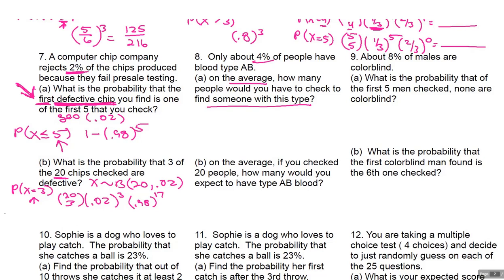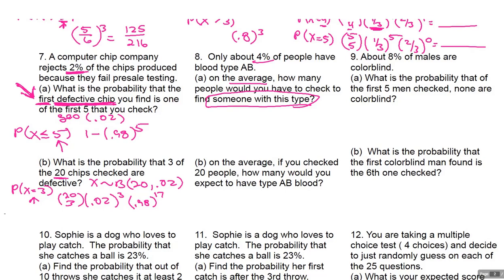Is this like an infinite amount? No. Because when am I going to stop? It says, how many people would I have to check to find someone with this type? So I'm checking. Are you this type? No. Keep going. Are you this type?